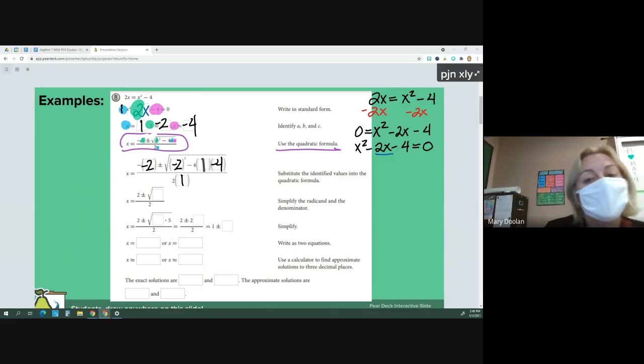Now we want to simplify what's underneath that square root symbol first. I'm going to come do that over here. Simplifying the radicand over here because they don't really show you what's happening, but I do want to show you.